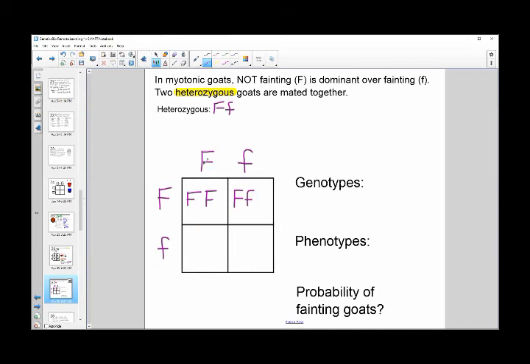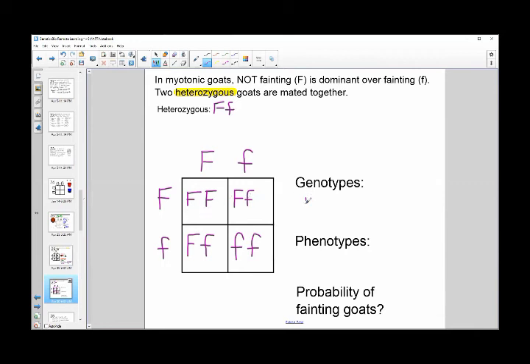For the third box, I get a big F from the top and a little f. So I'm going to write big F, little f. And then for my last box, I get a little f from the top and a little f from the side. So that's going to be little f, little f. Okay, so now that I've completed my square, I'm going to answer these questions on the side. So for the genotypes, I'm going to look at my gene combinations that I got.